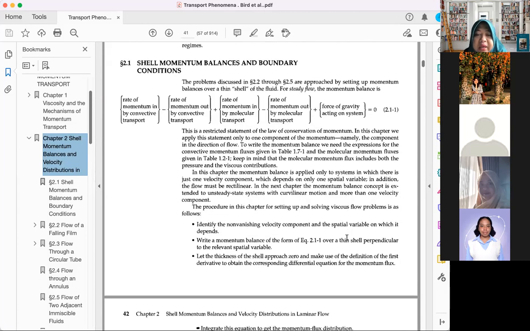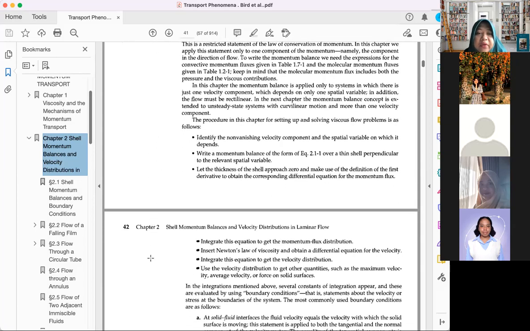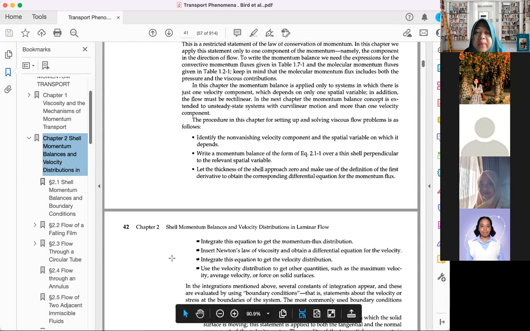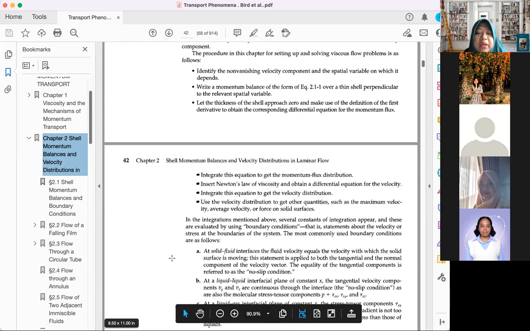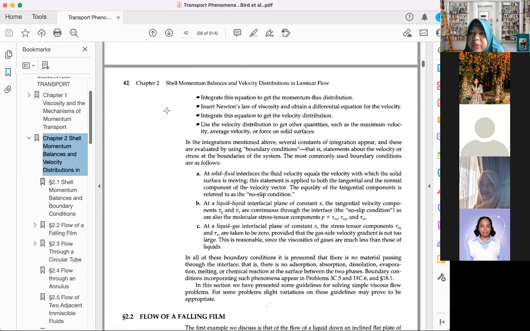And in pages 41 and 42, you can also get the procedure for how to set up the viscous flow problem.